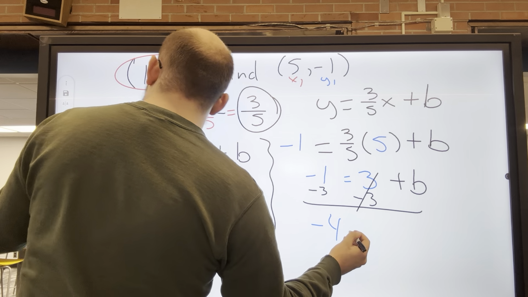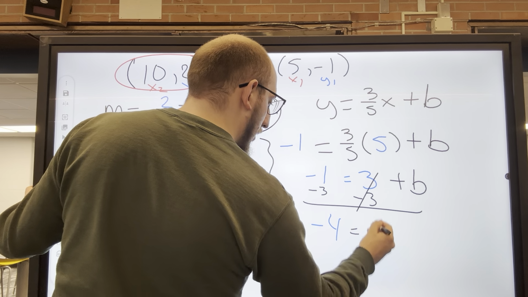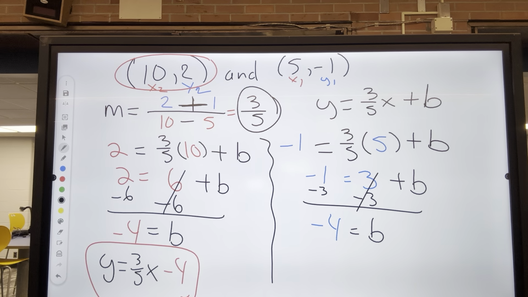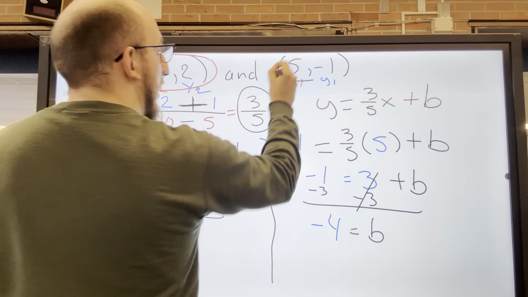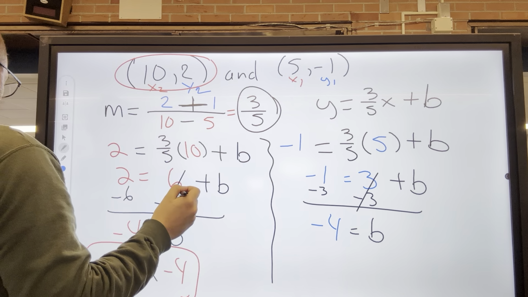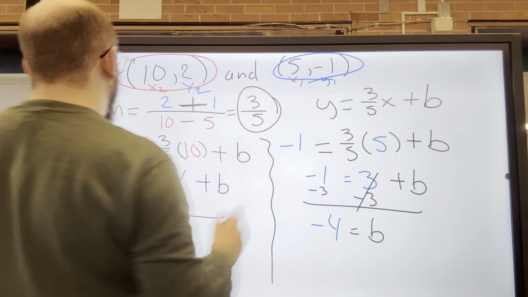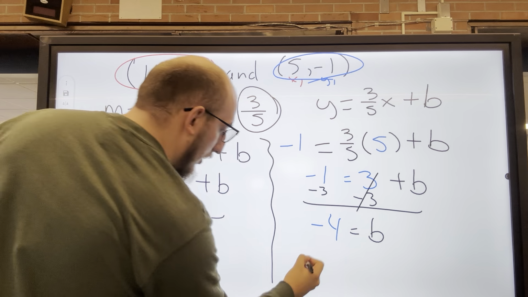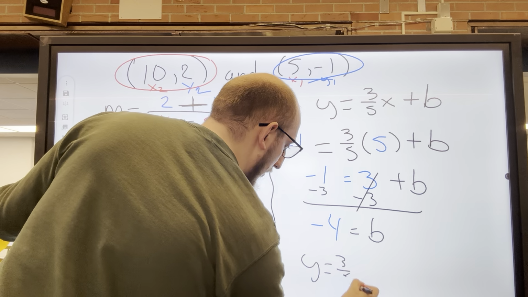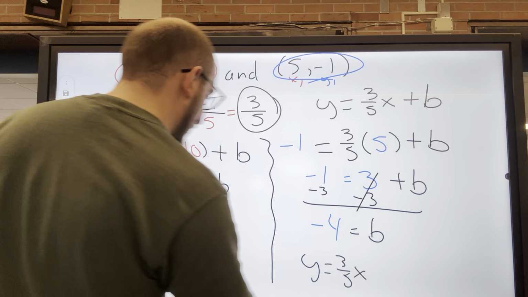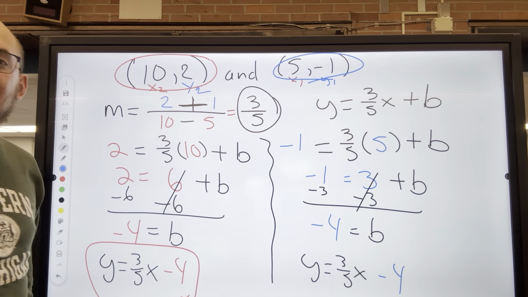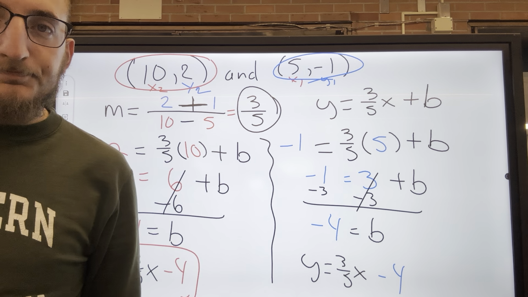So I get -4 equals b, just like I did before. So if I wrote this equation using my blue point being this guy, my new equation would be y equals 3/5 x minus 4. They are the exact same answer.